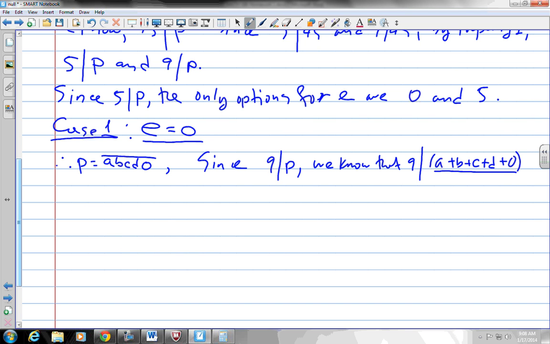But what do we know about these 4 digits, A, B, C, and D? They have to be consecutive, right? So it's like 4, 5, 6, 7.